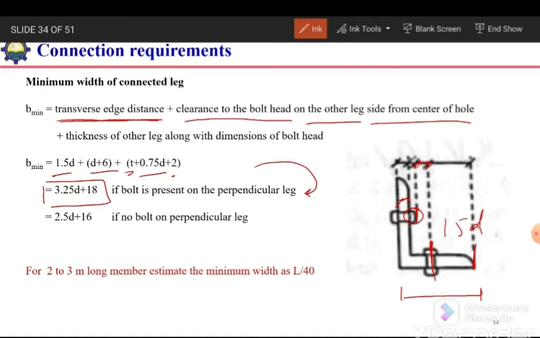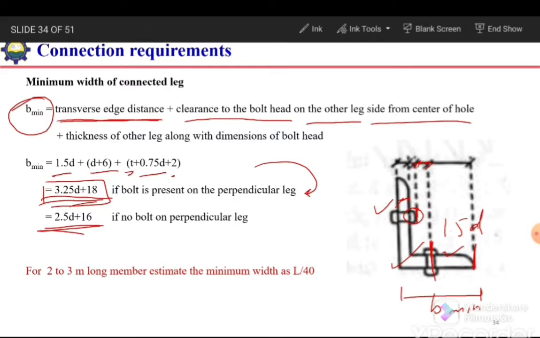This is the case when the bolts are present on both the legs. In that case we will consider this expression, and if the bolt is only on one leg, then we can consider the other expression. By using these two expressions we can calculate the minimum dimension of the connected leg, B minimum.